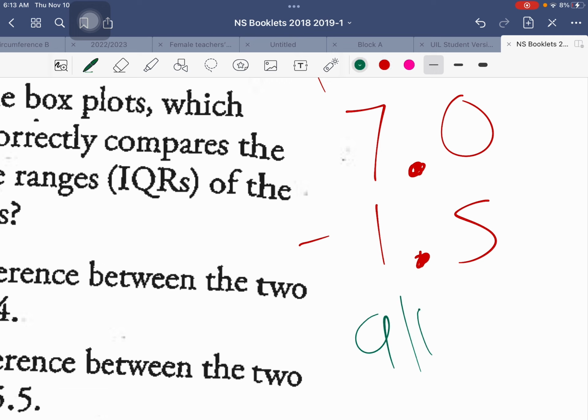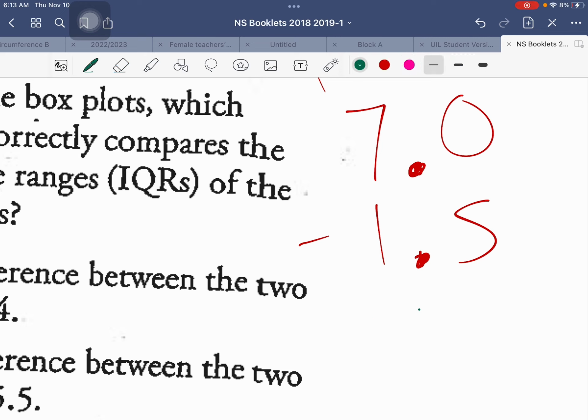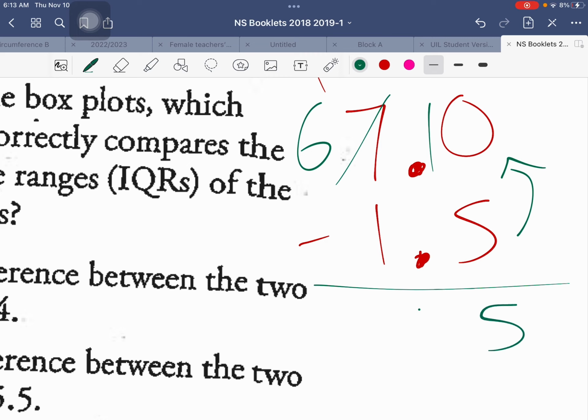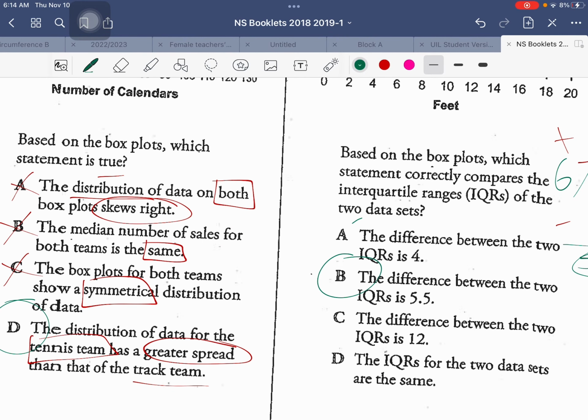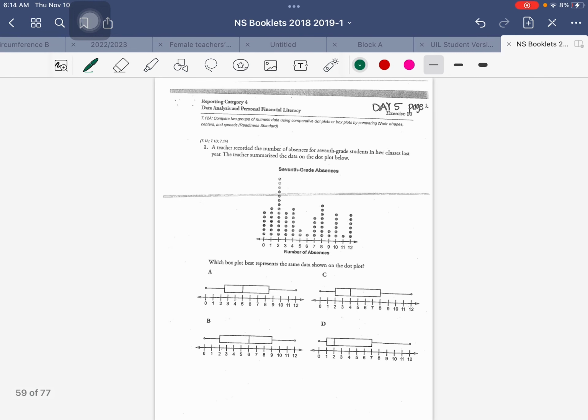Now, I can subtract 5 from 0. What do we do? Borrow. Muy bien. So this becomes a 10. What's 10 minus 5? And 6 minus 1? Bring down the decimal, and this is the difference. Okay? Perfecto.